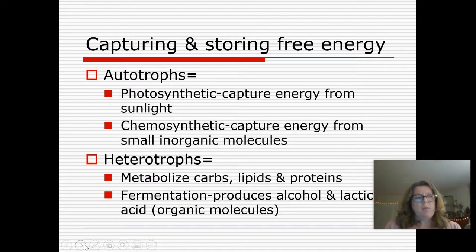Glucose is able to be metabolized by any cell in the body quite easily. Lipids have to be transformed for us to be able to metabolize them. Proteins, same thing.